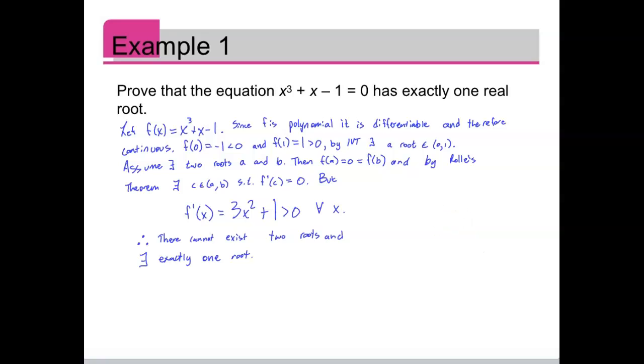So that means this can never equal 0. But if we just think of it intuitively, whatever x is, your input, you're squaring that, right? So even if you put in a negative number, you're squaring it, multiplying by 3, and adding 1 to it. So when you square a negative number, you end up with a positive number, which is always going to make this greater than 0, no matter what x is.